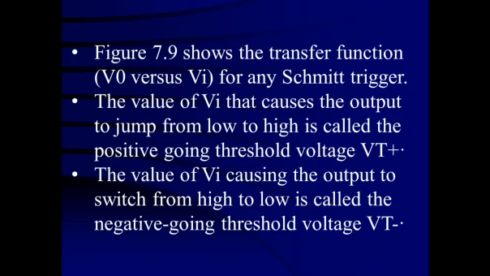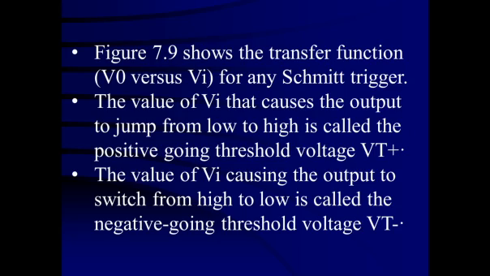V0 is taken on the y axis versus Vi on the x axis. So, on the x axis you change Vi independently, and whatever change occurs in V0 is taken on the y axis. Now, the value of Vi that causes the output to jump from low to high.